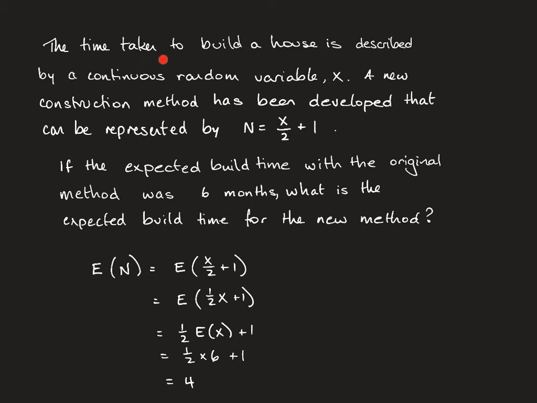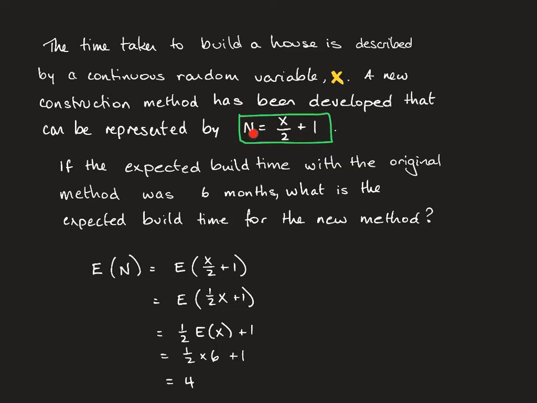Say that the time taken to build a house is described by a continuous random variable x. So I have one value that I'm measuring with a continuous random variable, and that is x. There's a new construction method that's been developed that can be represented by the formula n is equal to x on 2 plus 1.